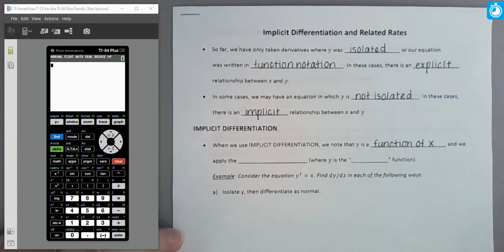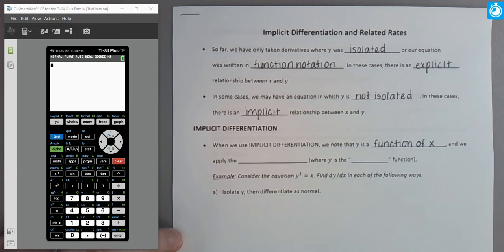In other words, y is dependent upon x. y is its own output, its own function, and it's taking x as an input. Even though we don't explicitly know how y and x are related, we do know that y takes x as its input, and then it represents the resulting output.